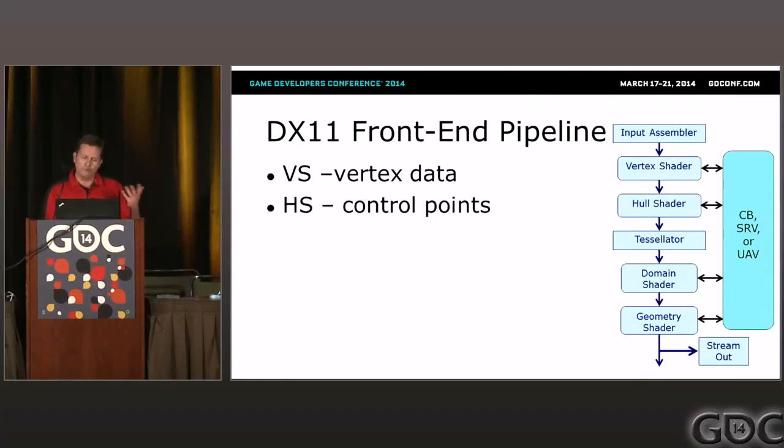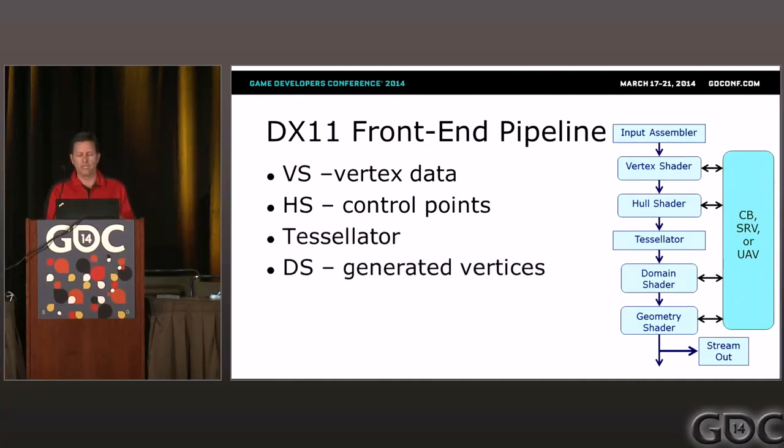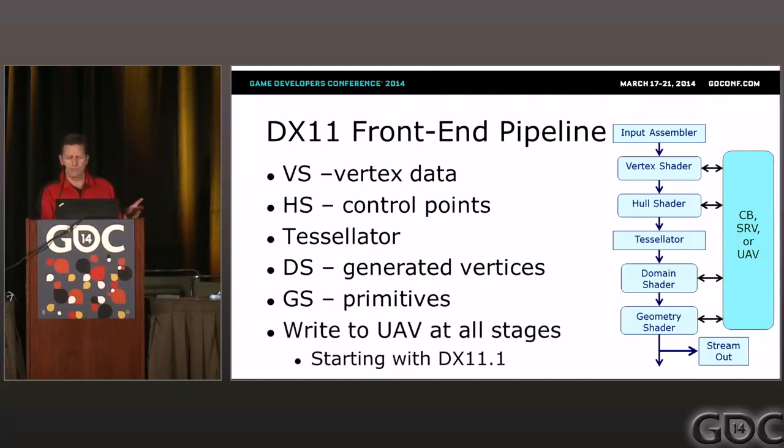And the hull shader follows that with control points, which get passed to the fixed function tessellator, which then gets passed to the domain shader, and then at the bottom of this part of the pipeline is the geometry shader, which is dealing with primitives. One of the newer features which started with DirectX 11.1 is the ability to bind a UAV as output to any one of these shader stages.